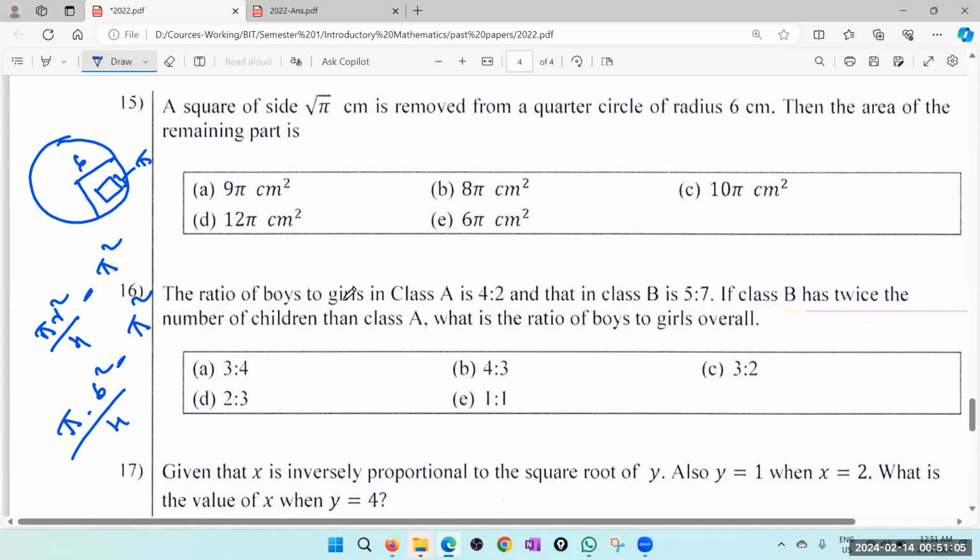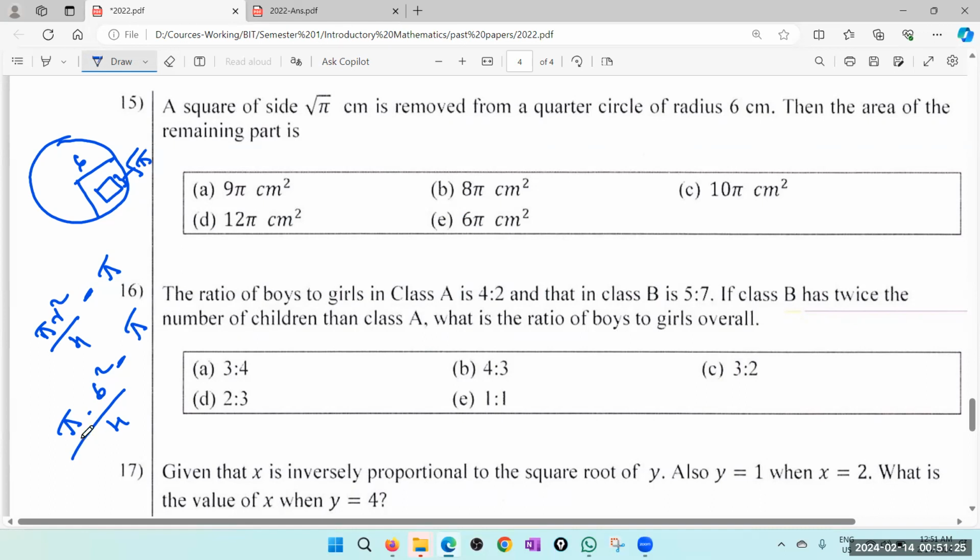Area of the remaining part is, okay, so this is root 5 squared, which is 5, because root 5 into root 5 is 5.